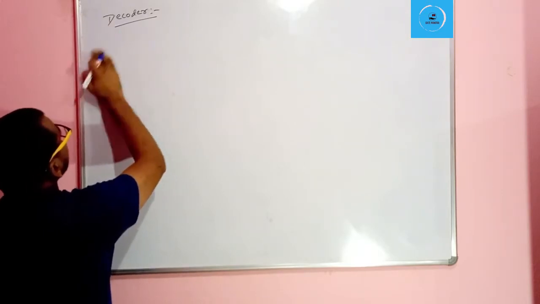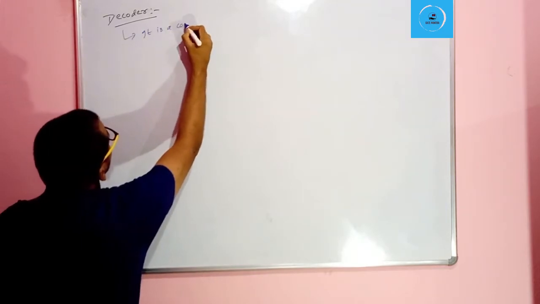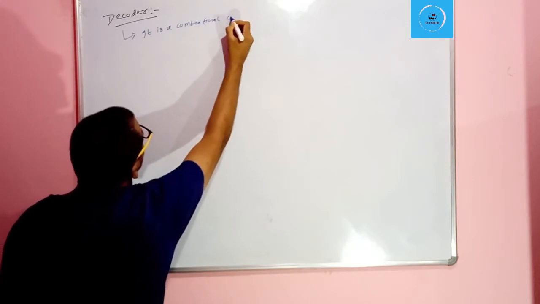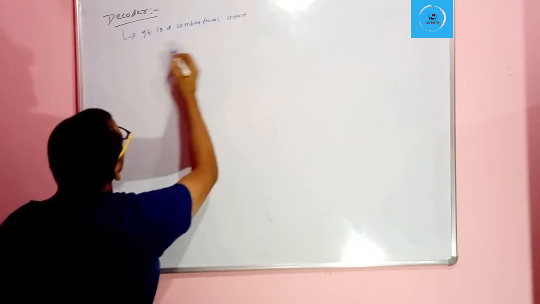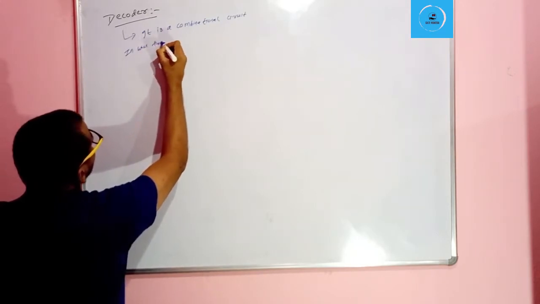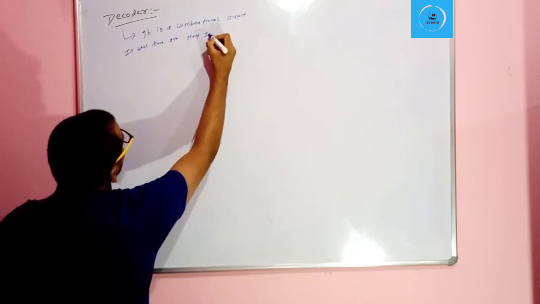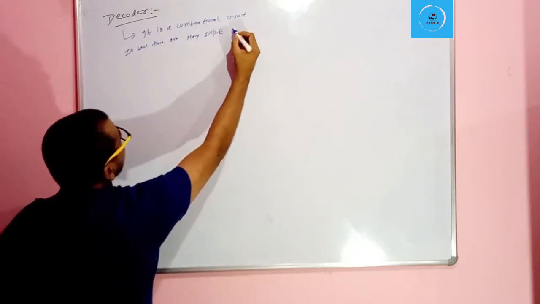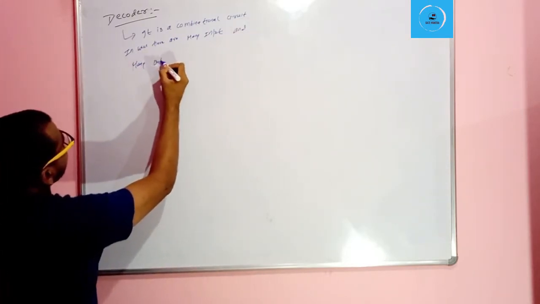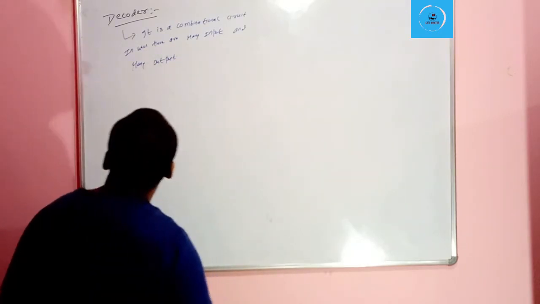So what is a decoder? It is a combinational circuit in which there are many inputs and many outputs. So what will we do with the decoder?